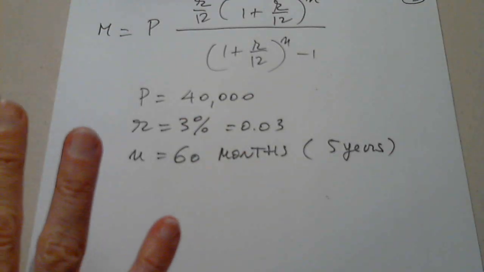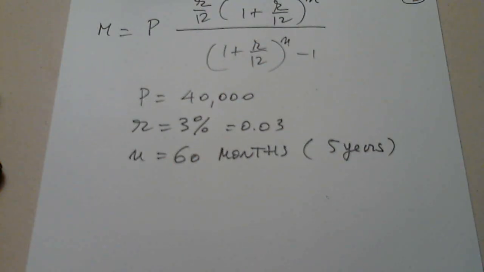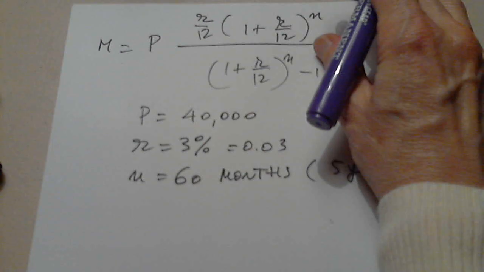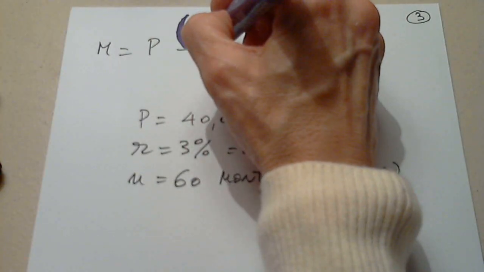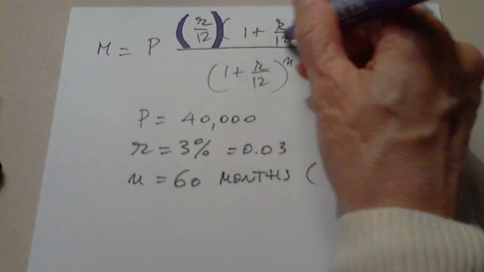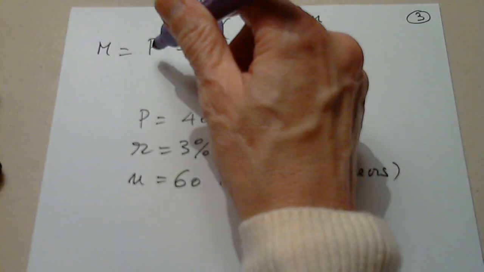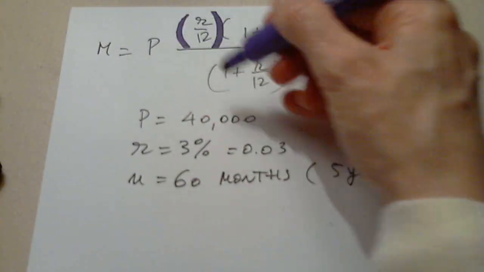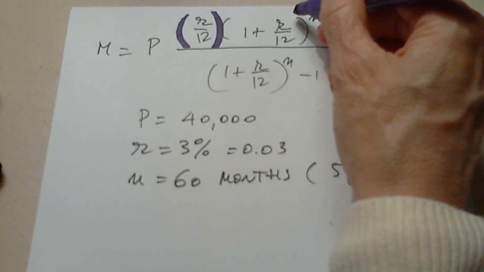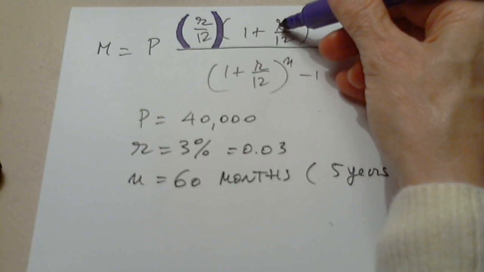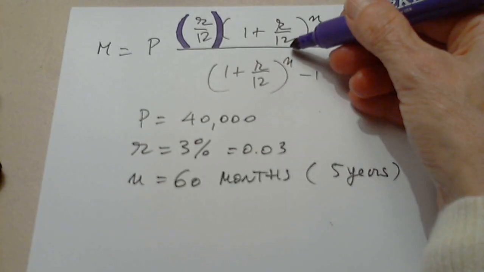Actually, before we enter it, let me explain what I'm going to do. So this has to be in parentheses. Then the top is okay. So P, the 40,000 times 0.03 divided by 12, which has to be in parentheses. Then parentheses, the same thing, 1 plus r over 0.03 divided by 12.